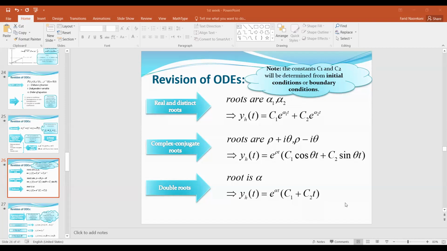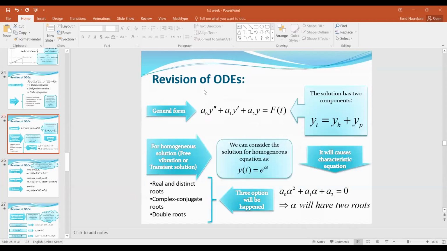Okay. So we continue with the solution of the ODEs. As I told you, we deal with a second order of ODEs, and we discussed the homogeneous solution for this type of equations.